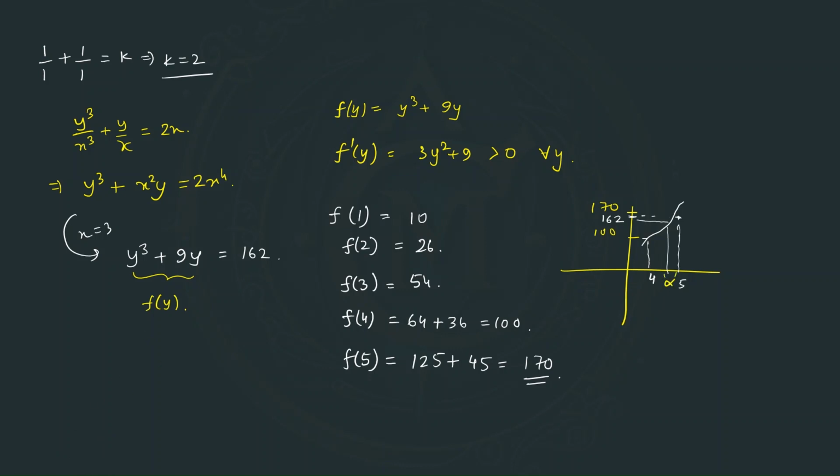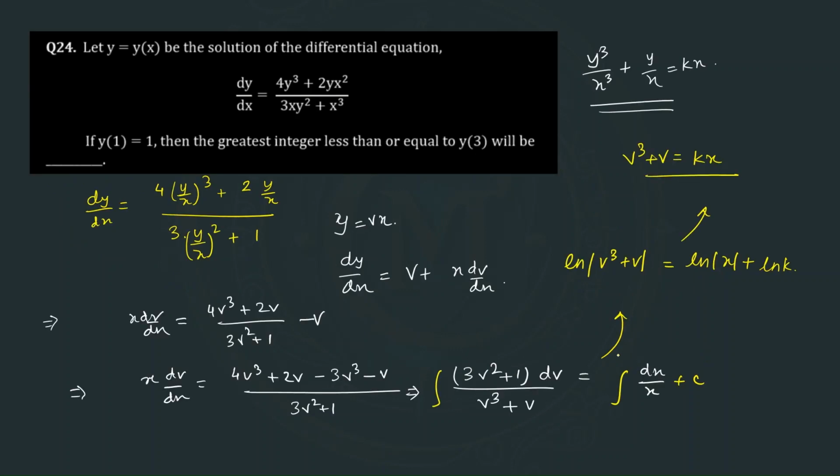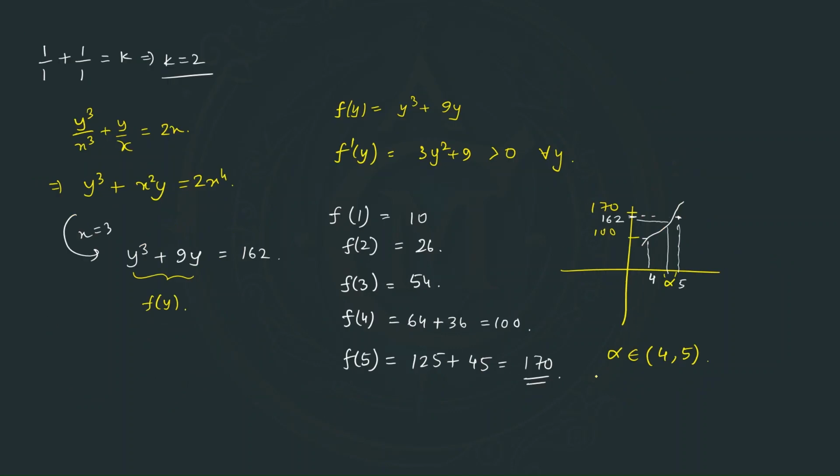So this point, let's say alpha. So alpha belongs to the interval 4 to 5, and it is not equal to 5, and it cannot be equal to 4 either. But we are asked to find the greatest integer less than or equal to this. So y of 3 is alpha basically. That means the greatest integer of alpha will be equal to 4.